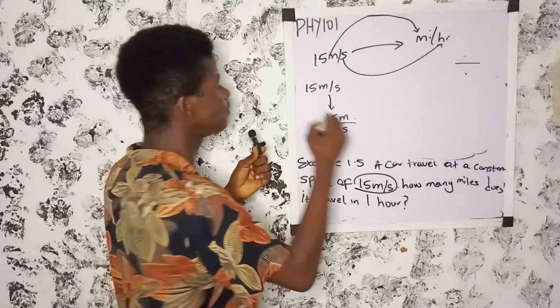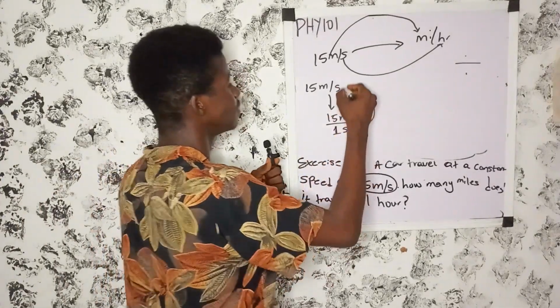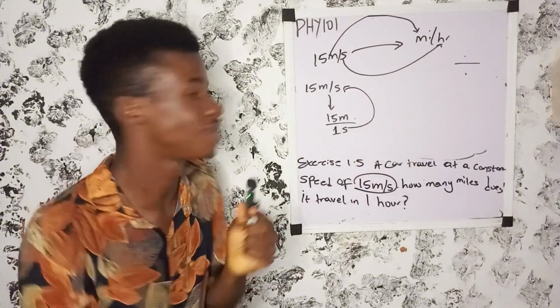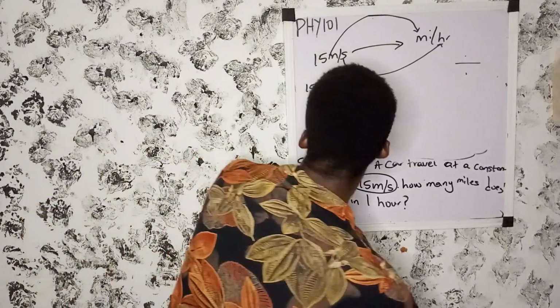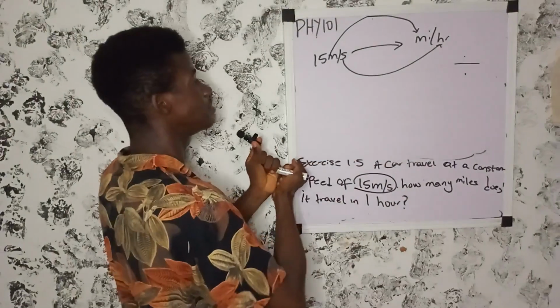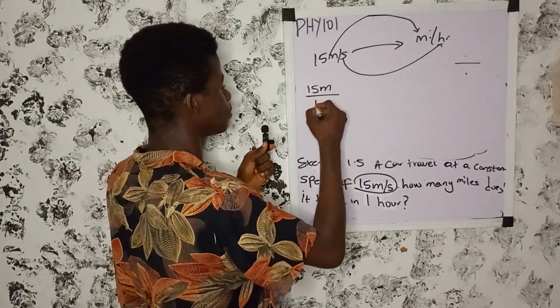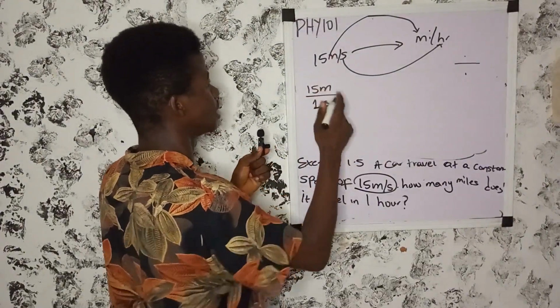So 15 divided by 1 second gives 15 meters per second.